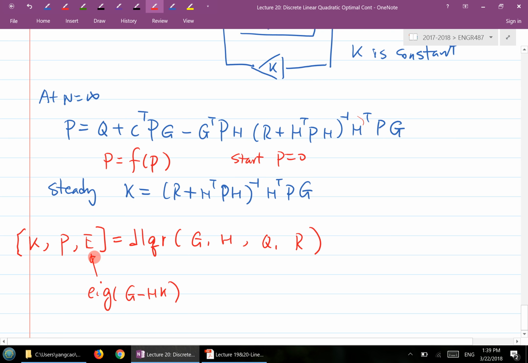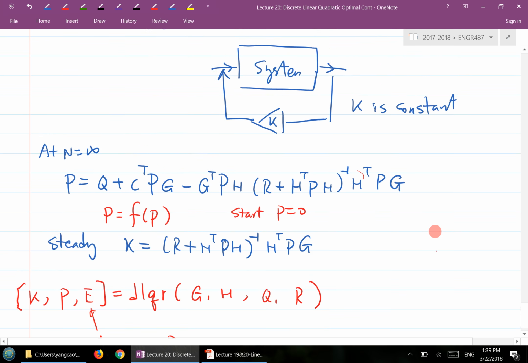So I was just wondering, if you're using a steady state K, would some of the states be ones you wouldn't be able to predict the value for? Because in the other cases you used a K that was iterative, and it wasn't always a constant value. So if you're using a constant K, would you get different values for this?